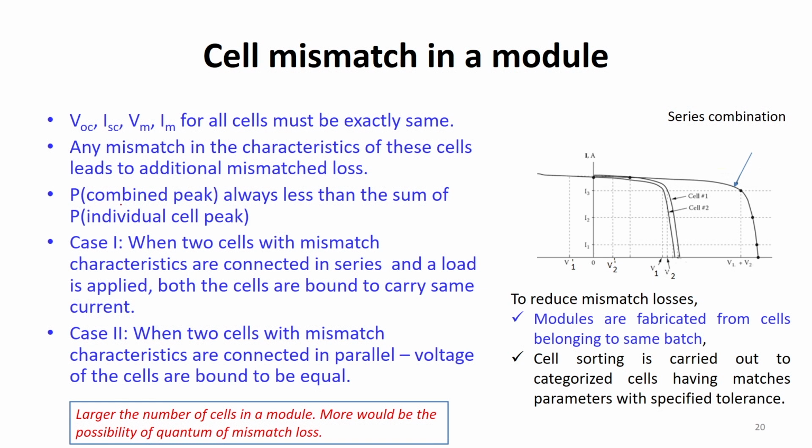Normally what happens, this P, which is the combination of all the cells, is always less than the sum of the individual cell peaks. Ideally it should be equal, but this is not equal, some losses will always be there. So, in one case when two cells with mismatched characteristics are connected in series and the load is applied, both the cells are bound to carry the same current. This is very important.